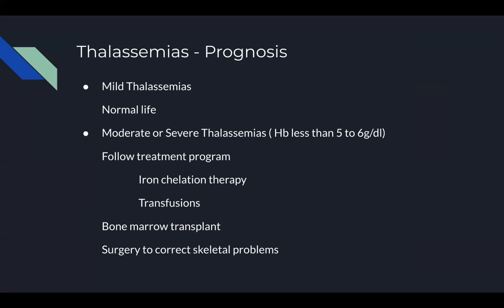And also, heart disease from iron overload is the leading cause of death, so patients need to keep up with their iron chelation therapy. Also, bone marrow transplant can cure thalassemia, and maybe some patients need to do surgery to correct a skeletal problem.